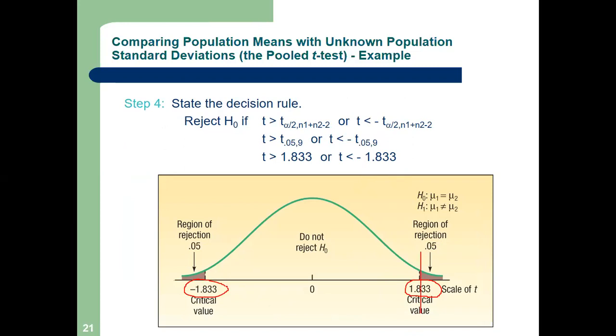Now I divide my region into 3 regions on the normal distribution. One is less than minus 1.833, another is greater than 1.833, and another is this middle region, which is the acceptance region. Clear?